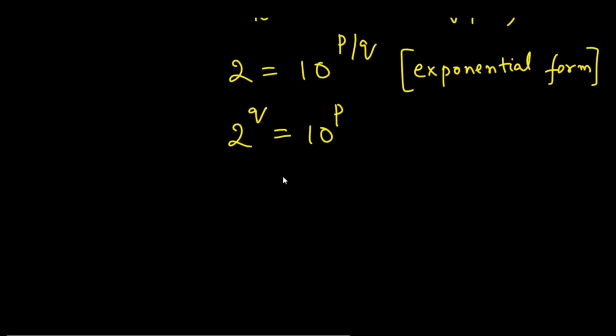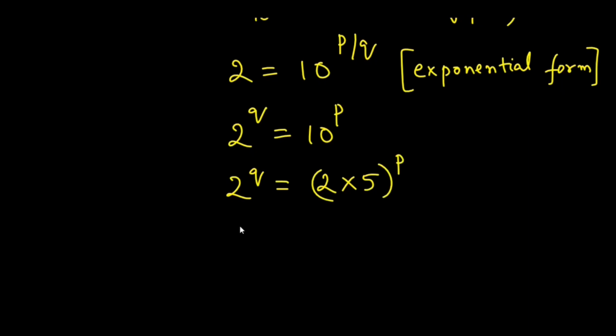Now 10 can be written as 2 into 5, so 2 power q is equal to 2 power p into 5 power p.